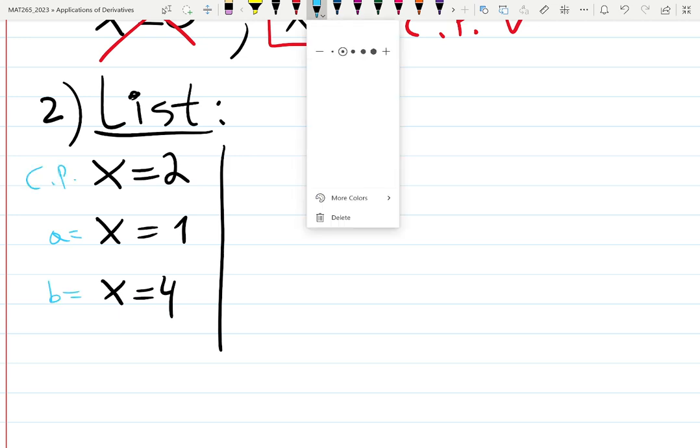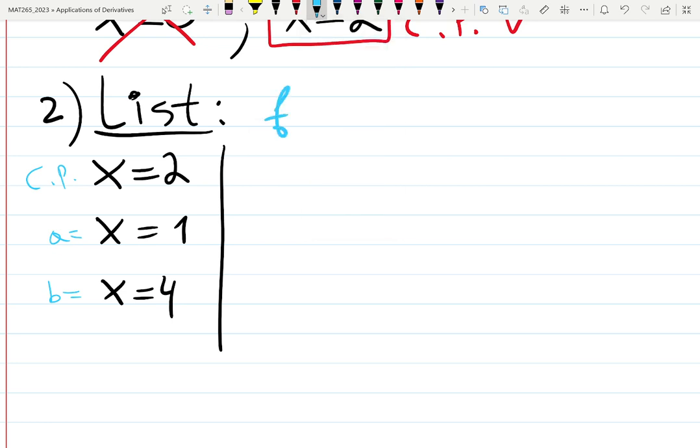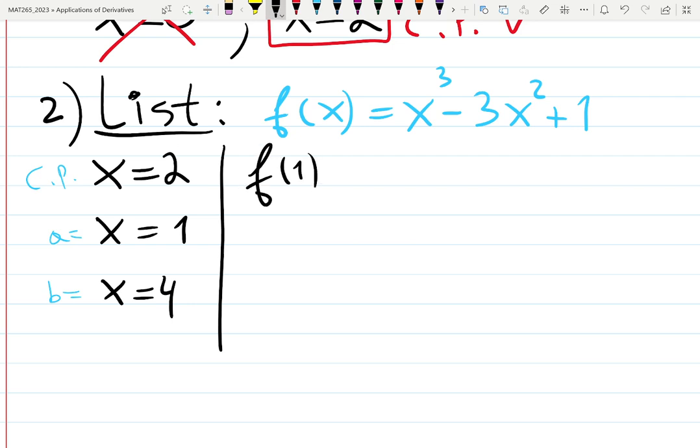I don't remember the original function, and I want to write it down so it's in my face over there, so I don't make a mistake, plugging into the wrong place. Because we will be plugging into the derivative later, so it's nice to know where to plug what. I'm plugging into the original to find heights. How high is the global max? How high is the global min? Which is high-low, but it's fine. I'm finding f at 2, f at 1, f at 4.